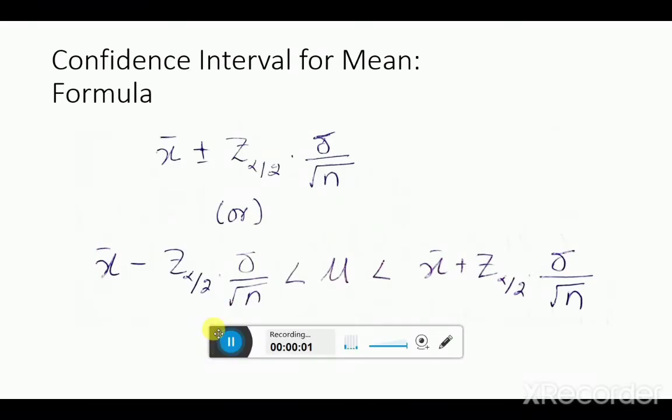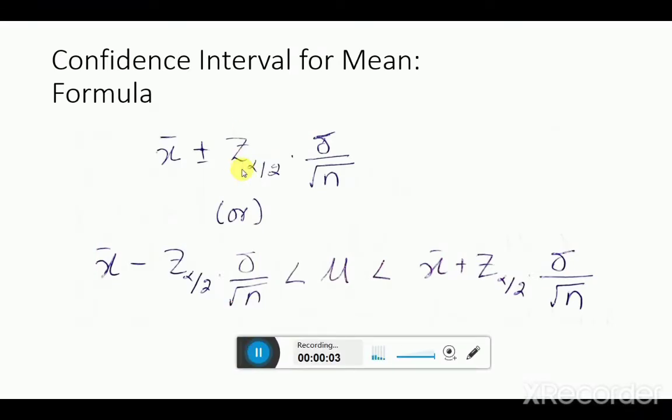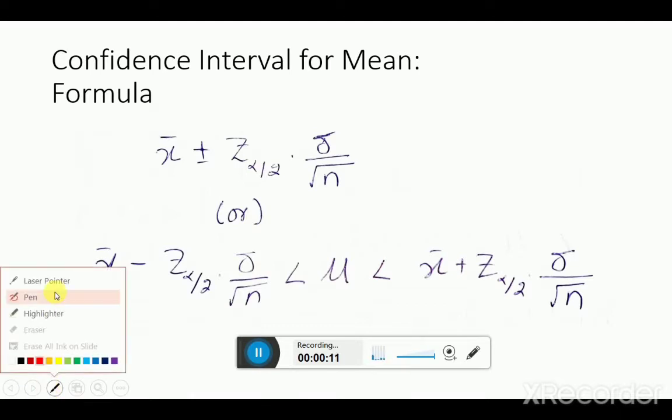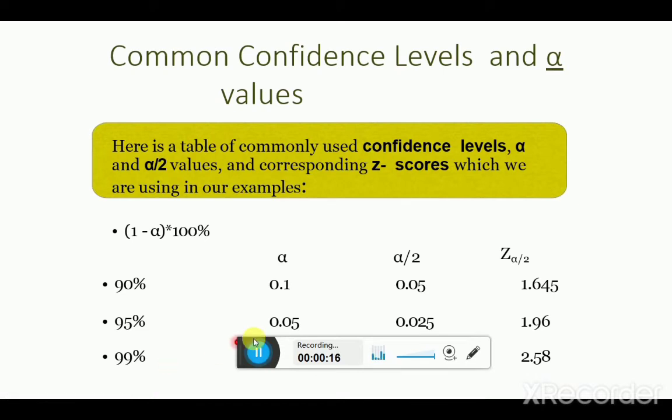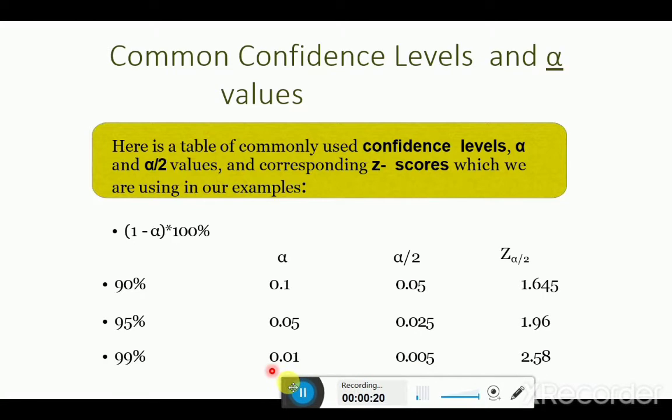Okay students, now the z alpha by 2 values, the critical values, we have a table for them. We already discussed this table in a previous slide. For this chapter on confidence intervals, we will solve questions for 90%, 95% and 99%, so I will only take these three values.